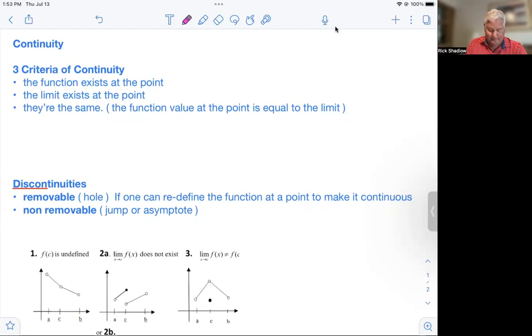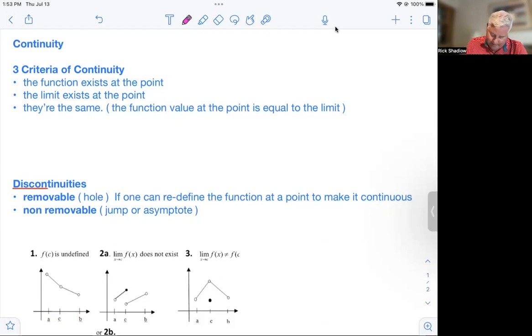For the criteria for continuity at a point, the function has to exist at that point. The limit has to exist at that point, and then they have to be the same value. So whatever the function value is, it is equal to the limit.